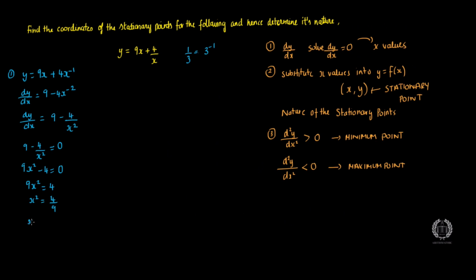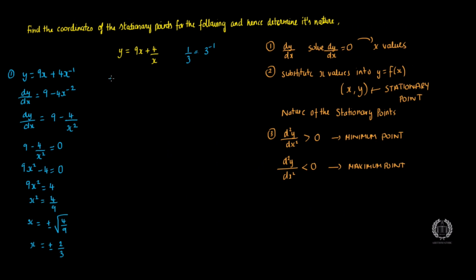And then to find x, we square root 4 over 9. So we're going to have, remember, plus and minus the square root of 4 over 9. So if we square root 4 over 9, you're going to have two values for x, plus and minus 2 over 3. So you got your x values, right? So you have one which is 2 over 3, and the other one which is minus 2 over 3.